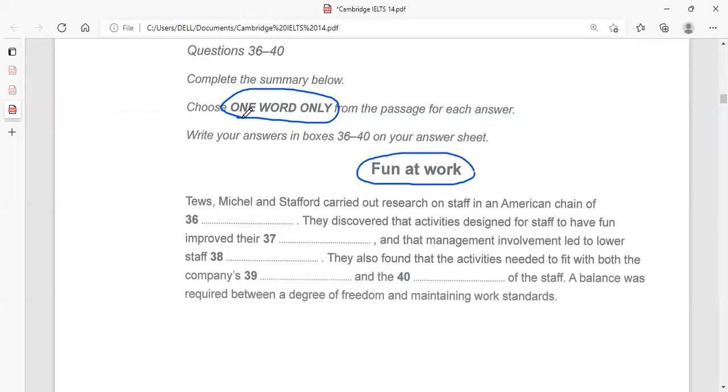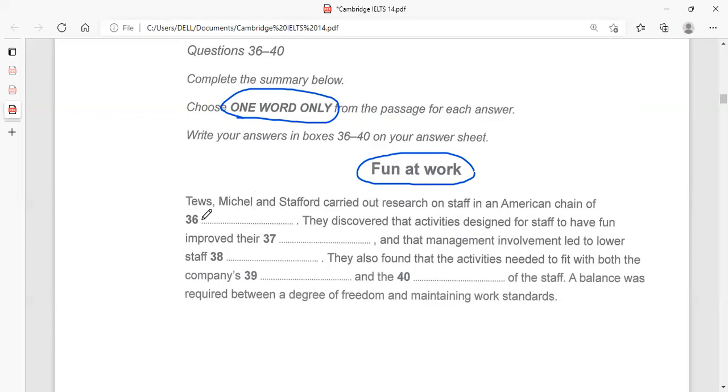Second thing, do not put any word out of your imagination. It's not that you read, understand something, and then think of a word out of your imagination and put it there. No, not at all. You have to pick up a word which is exactly there and which makes sense when you put it in.